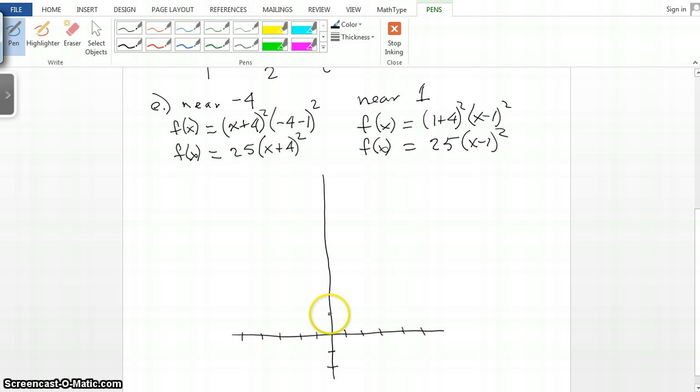I'm going to go by tens. So that's actually 40, and this will be 10 here. Those are just ones. My scale here is 1. So that's 1, and that's a negative 1. So I have a 0 over here at negative 4, and I have a 0 at 1. My y-intercept is up here at 16.